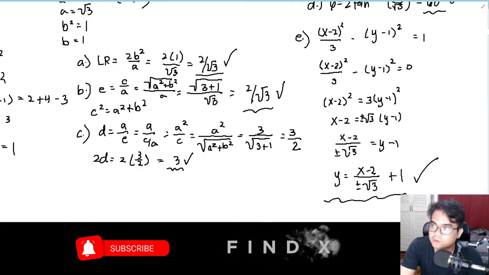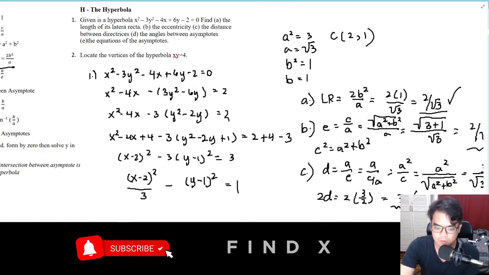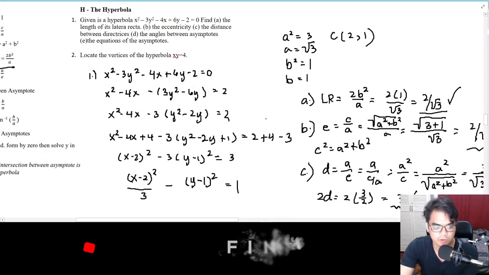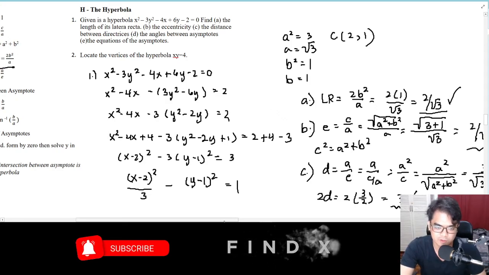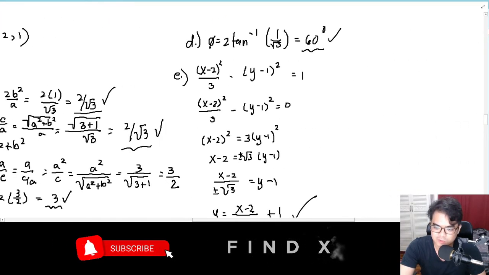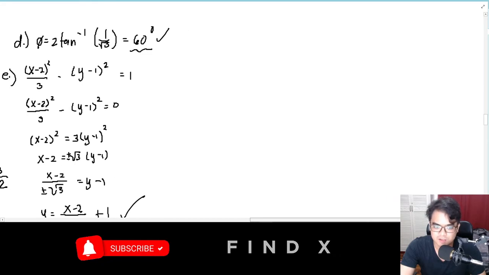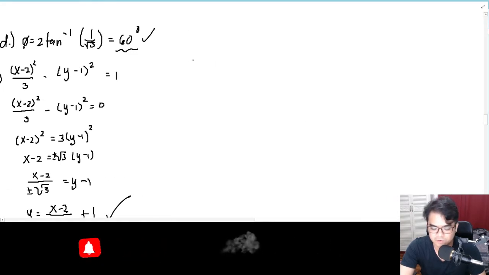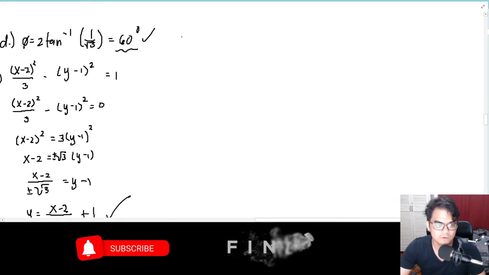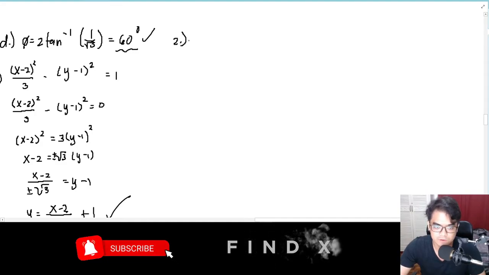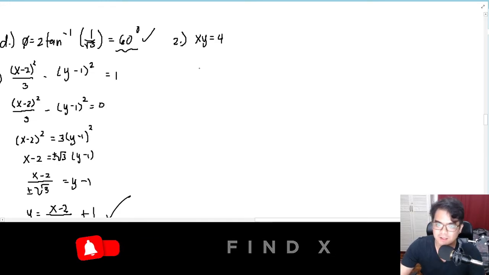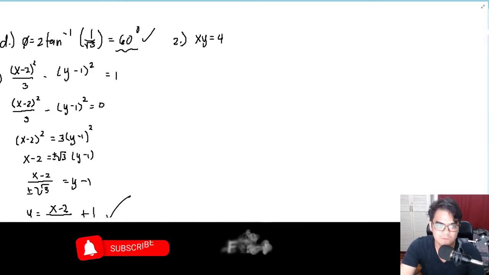Okay, let's move on now to the next number. For number 2, we have: locate the vertices of the hyperbola xy equal to 4. That is actually a special case for hyperbola. That is actually a rectangular hyperbola.